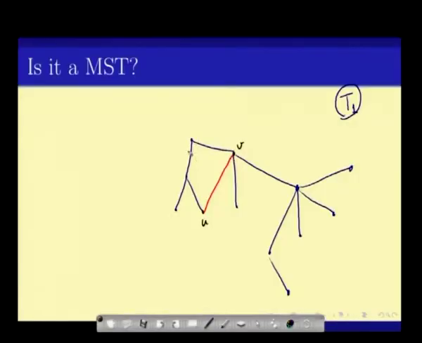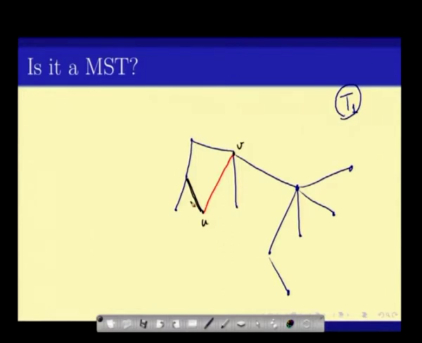So, that means all these edge weights on this path must have been less than or equal to the weight of this red edge. In Prim's algorithm, one of the edges must have been possible for selection. So, let us say I have chosen this red edge over this black edge because this red edge had a smaller weight than the black edge.